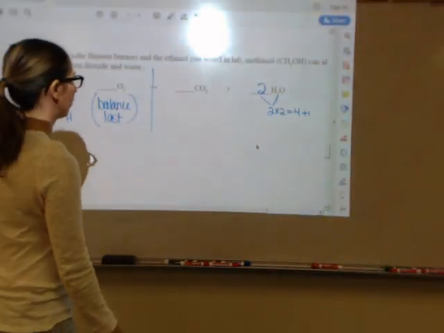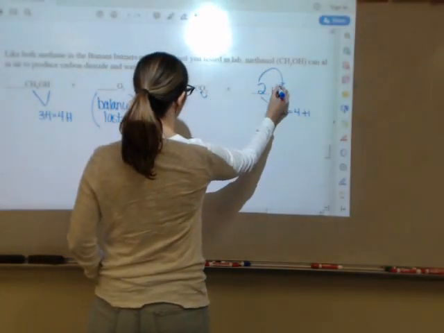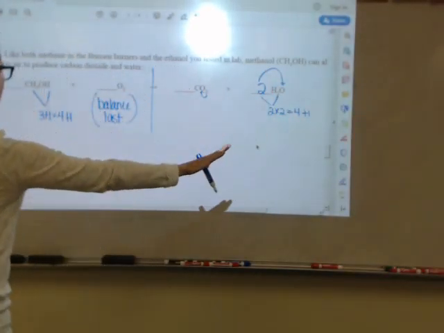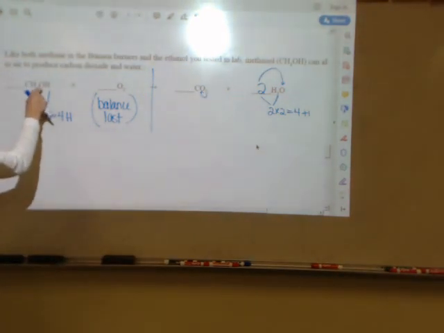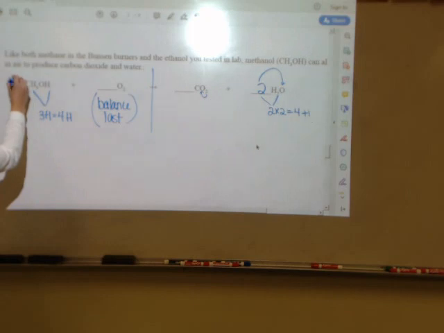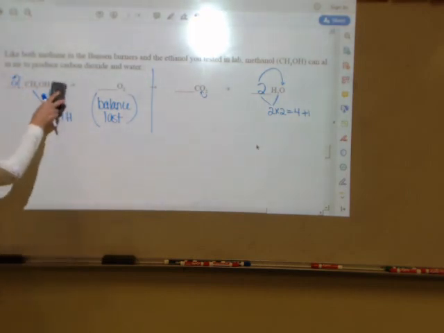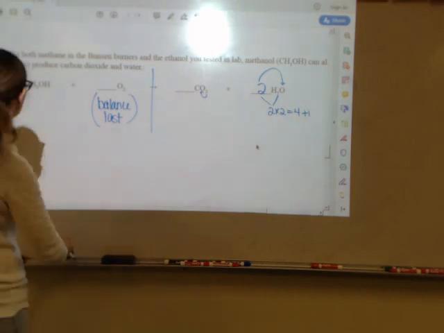Now, I have a total of 2 plus 2 oxygen, 4 oxygen on the product side. Unfortunately, oxygen is alone here. It's an odd number in CH3OH, so I'm going to put a 2 in front of it to make it even to help me balance this.